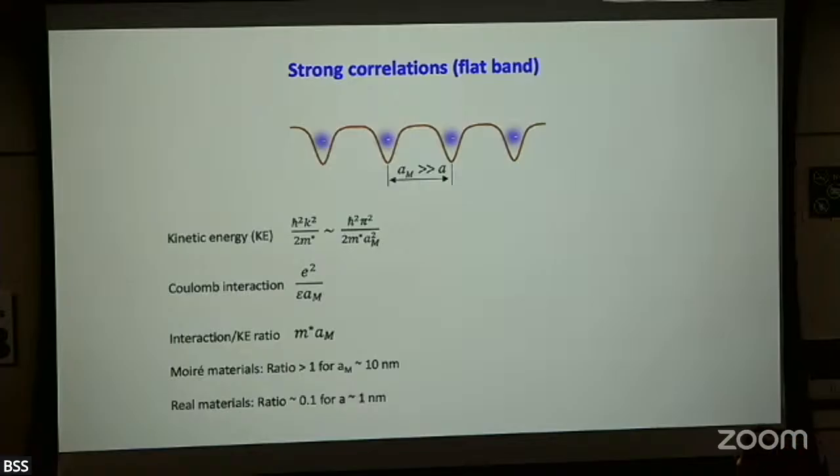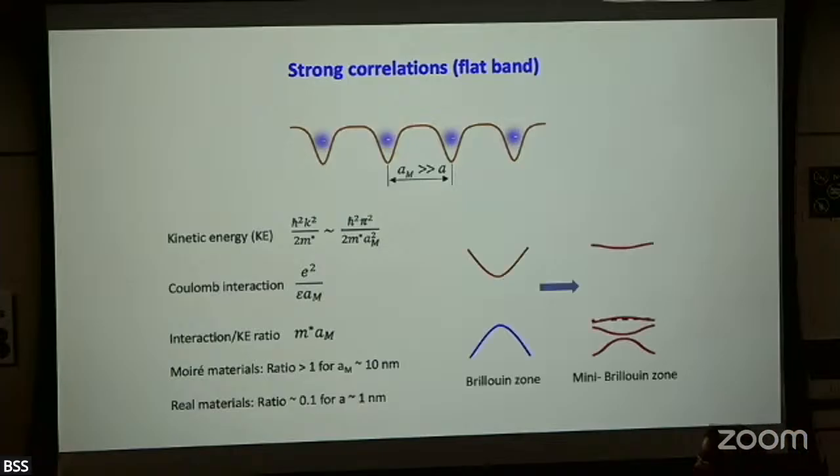But for Moiré material, because now we are talking about a 10 nanometer period, this ratio can be very big, bigger than 1.